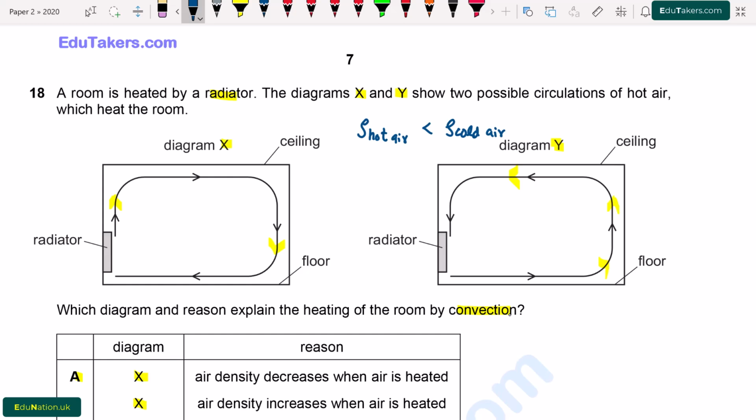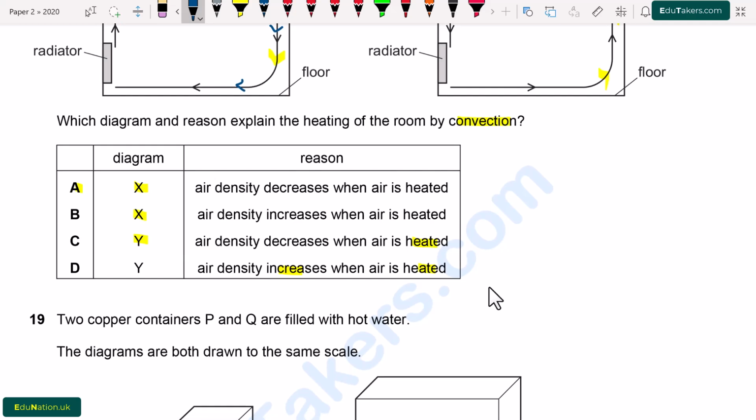So it is moving above the room like this. When its temperature decreases by interacting with the room air, then it will go down like this. It means that in diagram X, the circulation of the hot air is correct. So from here, option A is correct, which shows X and air density decreases when air is heated.